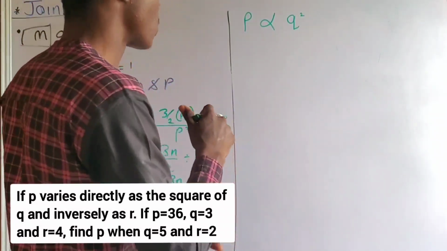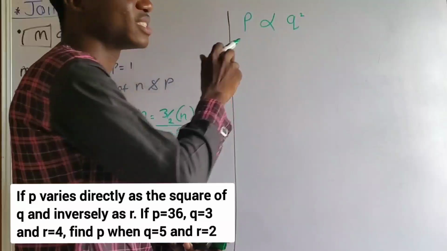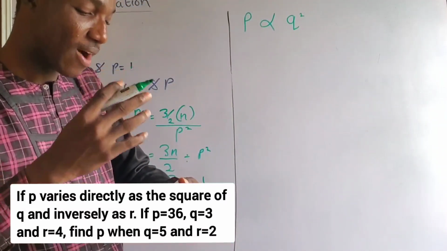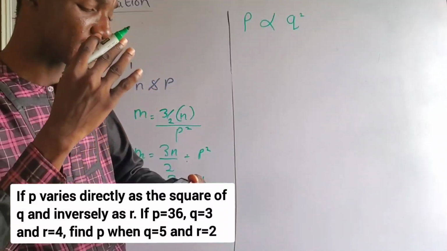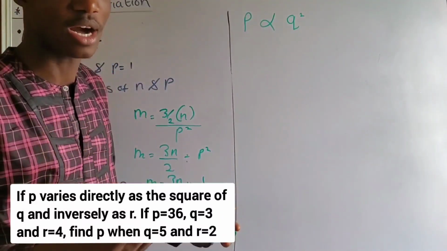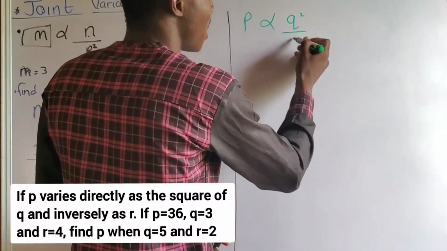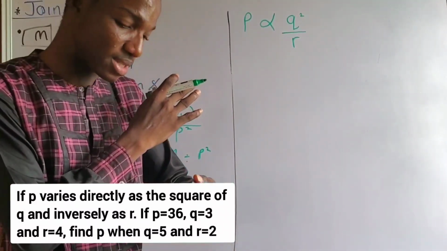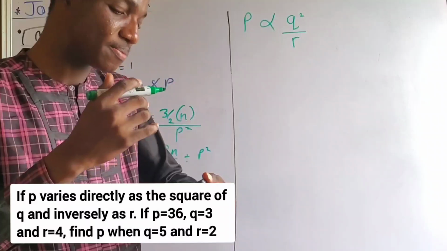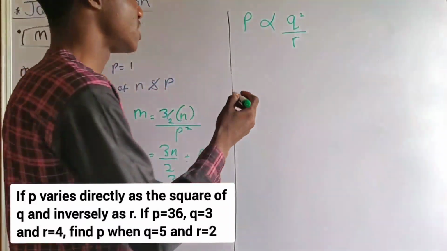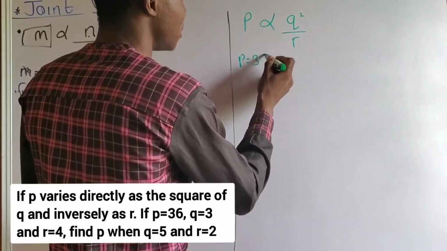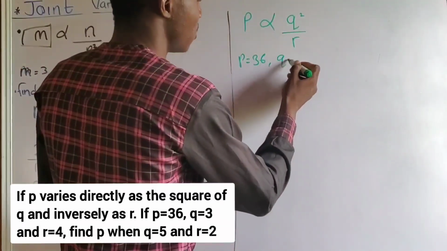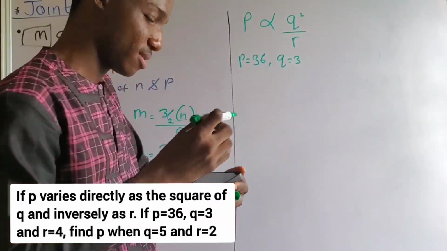Okay, now back to the question. A variable p varies directly as q squared, as we've been informed in the question. Now, and inversely as r. Inversely means the reciprocal. Okay, so I'm going to have over r. Do you understand? That is the mathematical expression of that statement. Now, having done this, we are given that p is equals to 36, and q is equals to 3, okay?